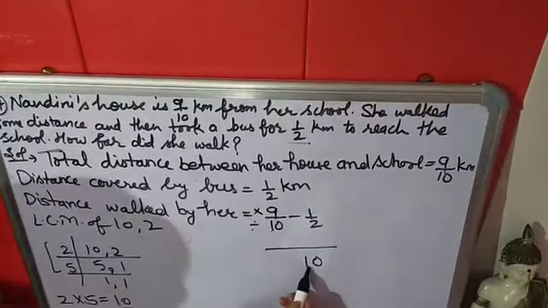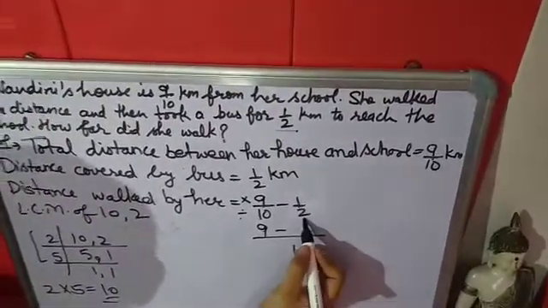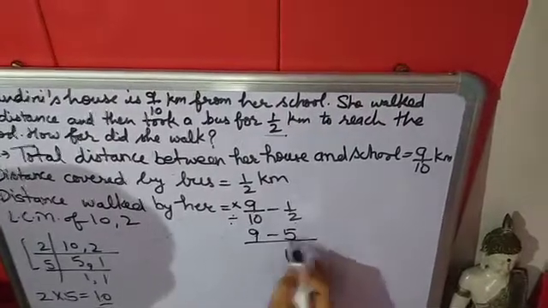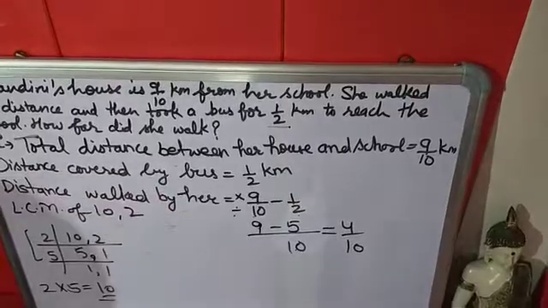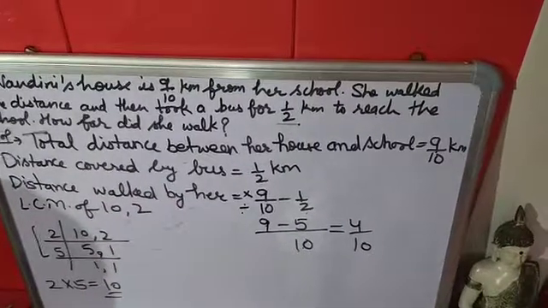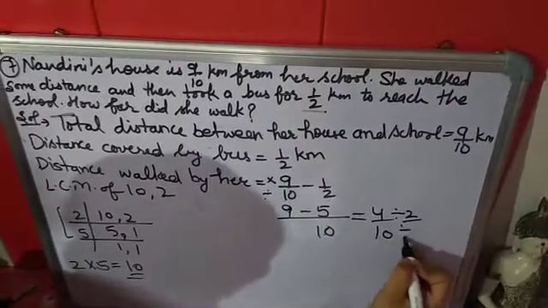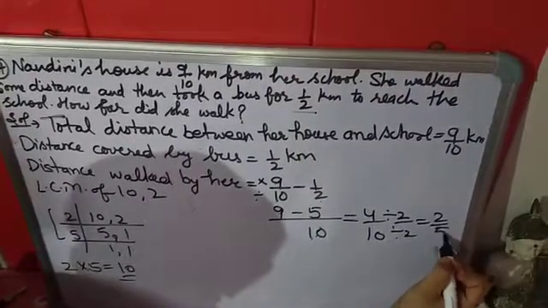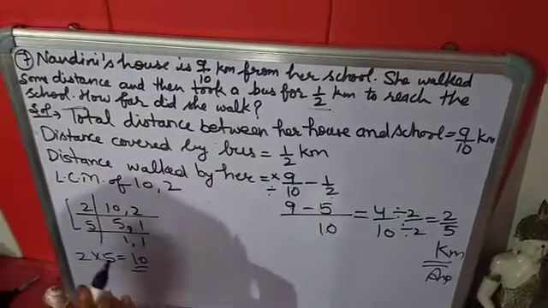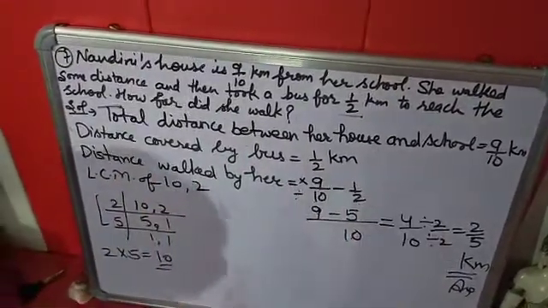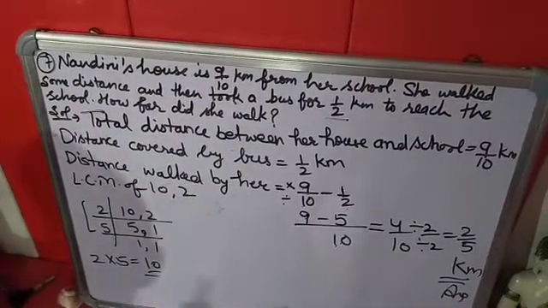Now 10 divided by 10 is 1. 1 nines are 9. 10 divided by 2 is 5, and 5 ones are 5. 9 minus 5, 4/10. Now 4/10 is not in simplest form. So we will convert this fraction into simplest form by dividing by 2. 2 twos are 4, 2 fives are 10. So the answer is 2/5 kilometer. It means how far did she walk? She walked 2/5 kilometer to reach the school.